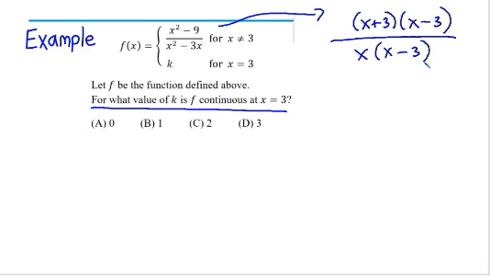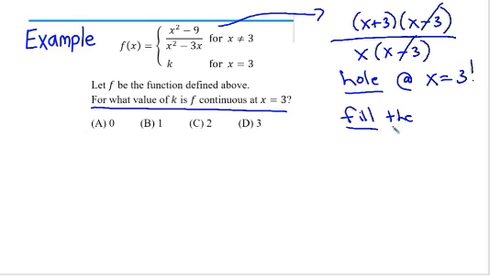From our pre-calculus training, we know that anytime I have this and this, there is a hole at x equals 3. So what we want to do is fill the hole because we want it to be continuous.